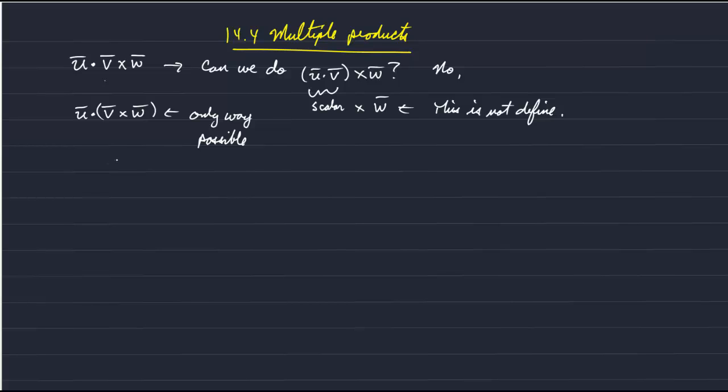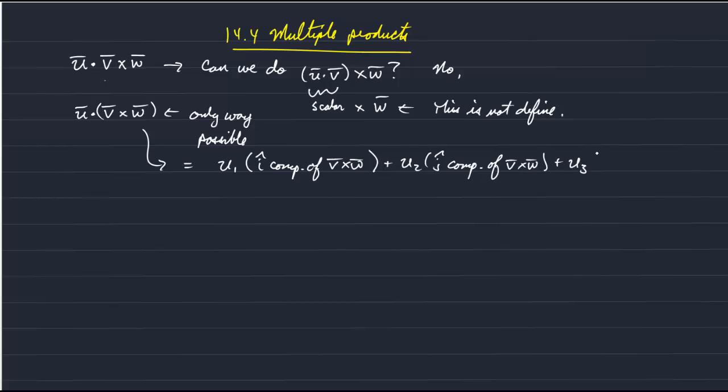And so that is equal to u1 times the i hat component of v crossed with w, plus u2 times the j hat component of the cross product, plus u3 times the k hat component of the cross product.